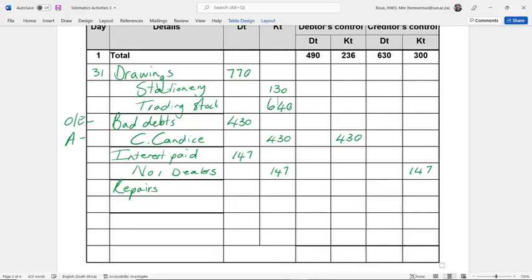We debit repairs, and then we credit whatever we debited by mistake, land and buildings, an amount of 20,000. We debited land and buildings by mistake. Now we credit that. We just take it out. We cancel it. Repairs, an expense that decreases owner's equity, must be debited. None of those refer to a debtor or creditor, so nothing there.